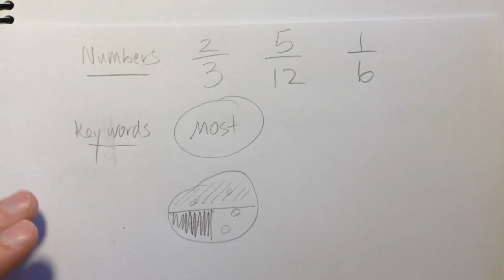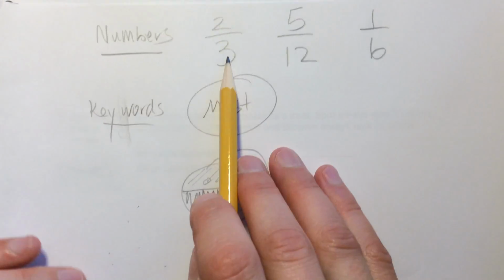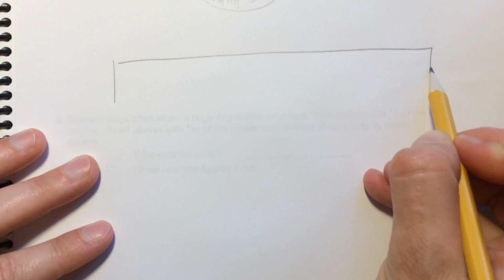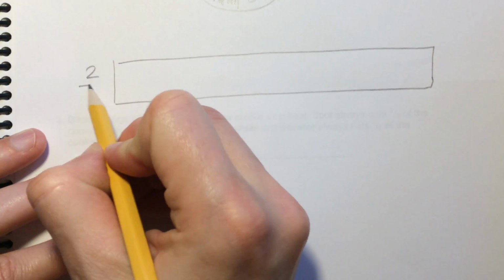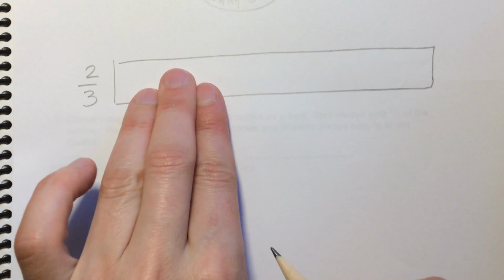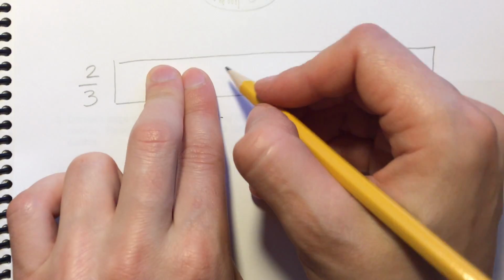But for me to figure this out, I'm gonna start off here with the 2/3. I'm gonna draw a fraction bar, drawing a rectangle to equal 2/3. And I'm gonna maybe use 2 fingers.